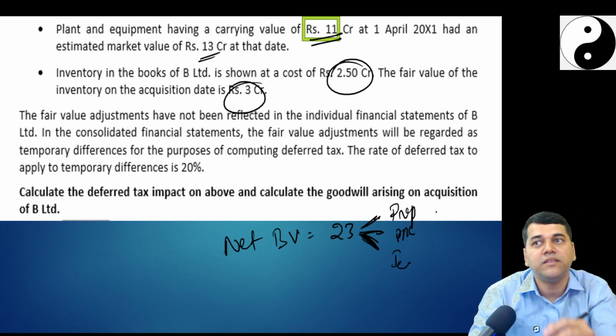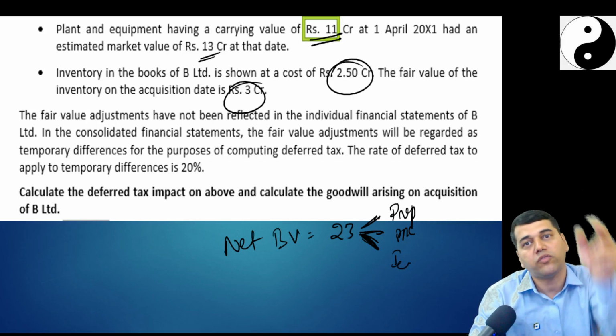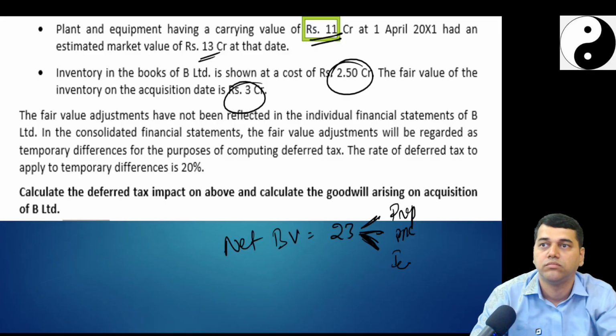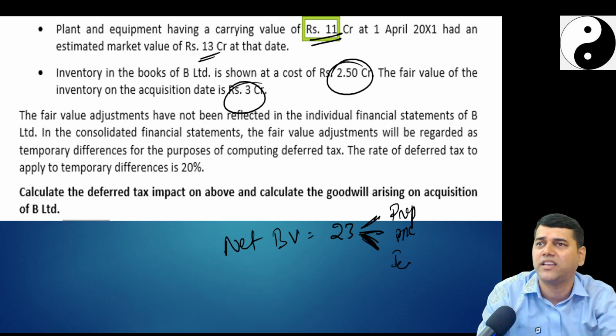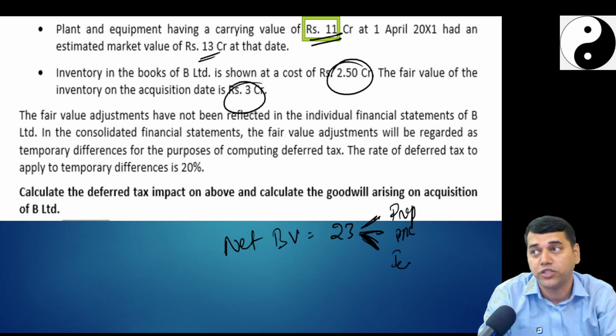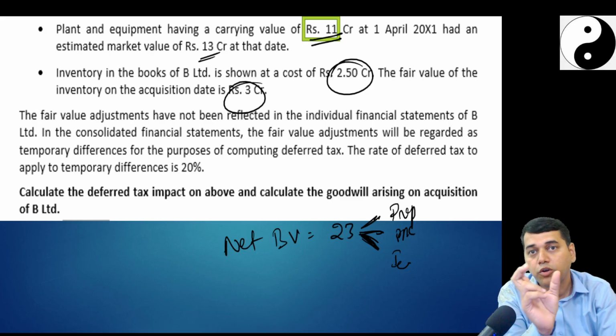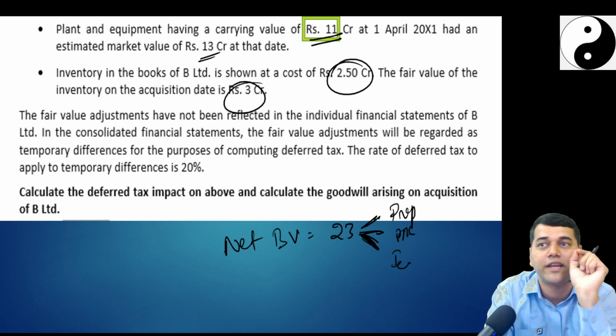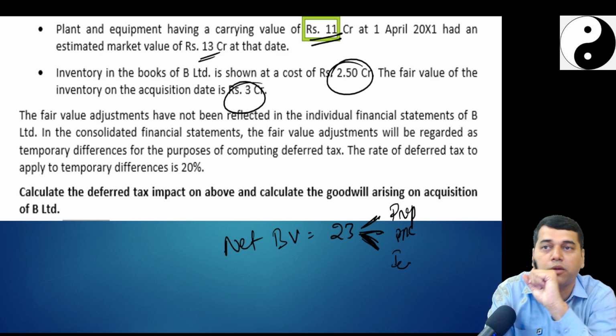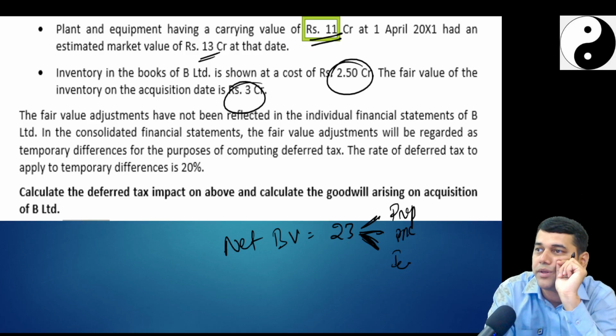For these 3 items, individually they told me the fair value and the book value. If I add them all, I will not get 23 because God knows what other elements are sitting there. Borrowings, God knows which all items are there. So I have to go to an approach where it is book value minus fair value plus net book value. You remember I told you that alternatively you can calculate? That we have to adopt for this problem. Otherwise there is no choice for me.